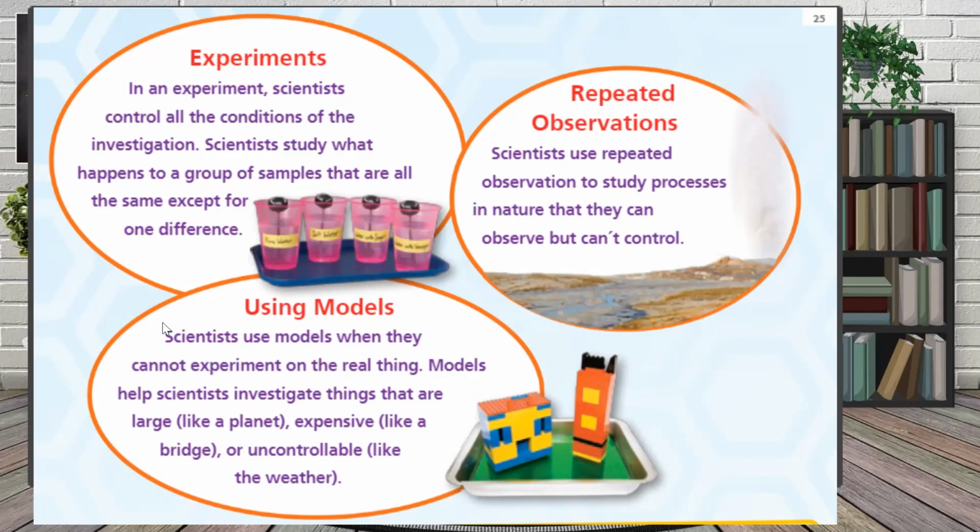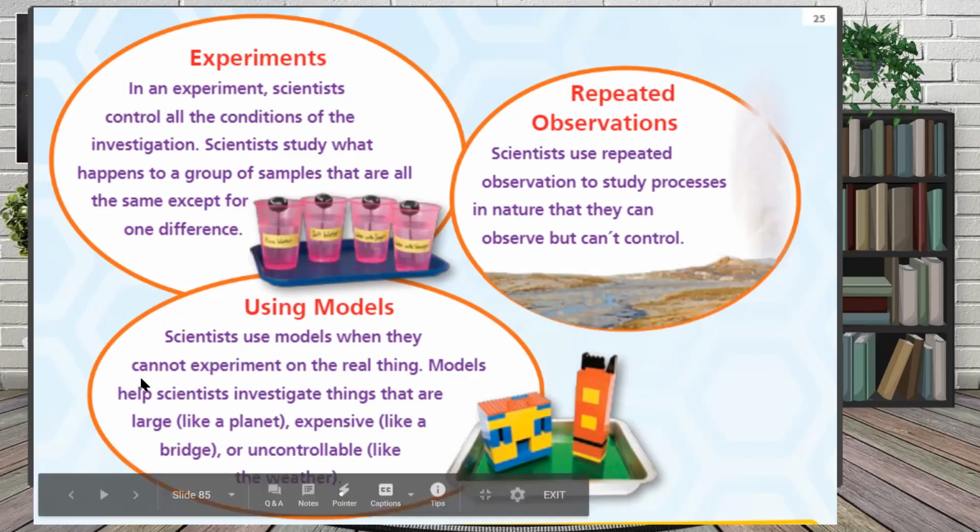So they cannot experiment on the real thing. If I cannot bring an airplane and make an experiment about a real airplane, I can build a small one and I call it a model.